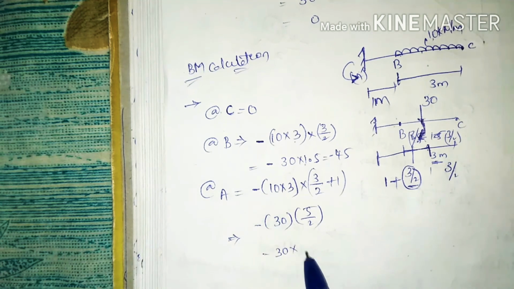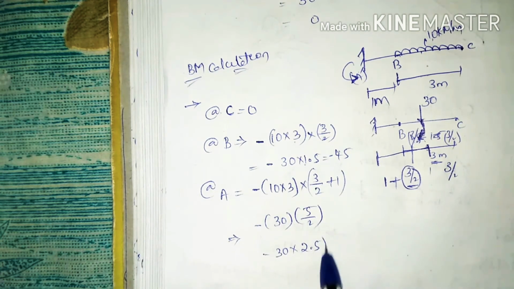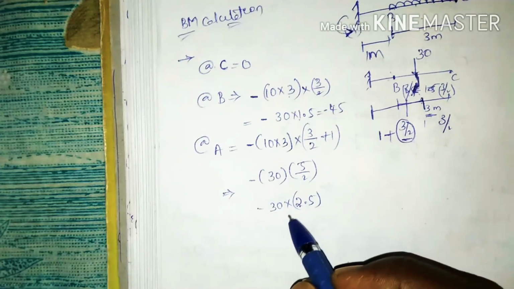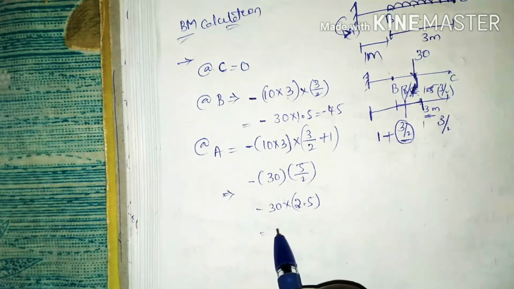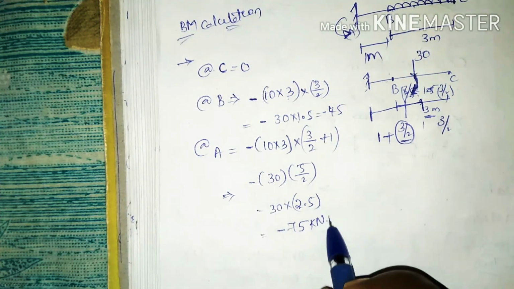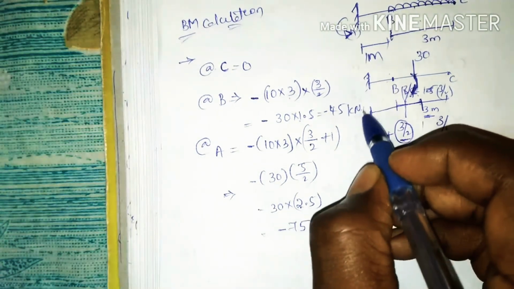Minus 30 into 2.5 is minus 75 kilonewton meter.